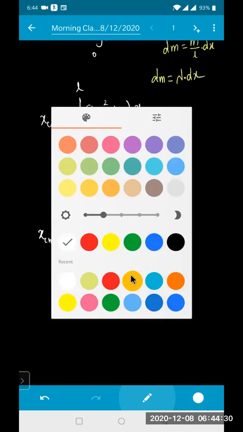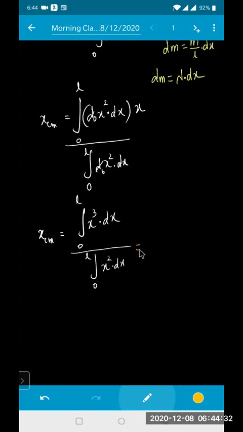Now simplify this. The integral of x cube into dx is how much, beta? The formula: the integral of x to the power n into dx is equal to x to the power n plus 1 divided by n plus 1. Here, the integral of x cube into dx is x to the power 3 plus 1 divided by 3 plus 1.